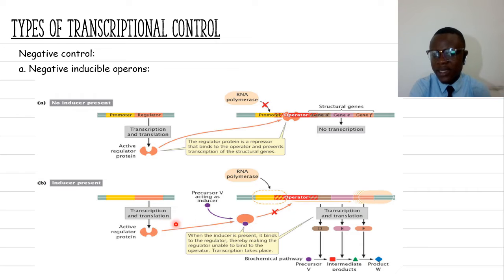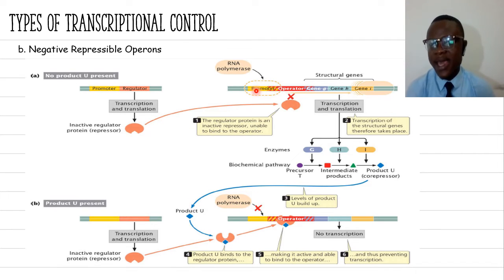It inactivates the regulatory protein, and then we are able to have the transcription of our gene. So I hope it is as simple as it can be, because I try my best to really break it down for you. Let's move on.